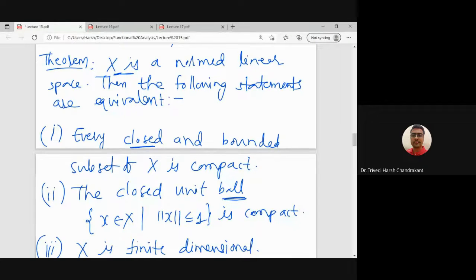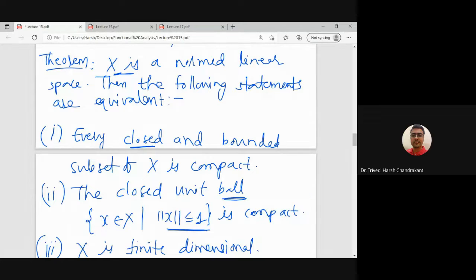Usually if we have a normed linear space X equal to R2 with the Euclidean norm, then the closed unit ball is nothing but the closed unit disk, and we know it is always a compact set.